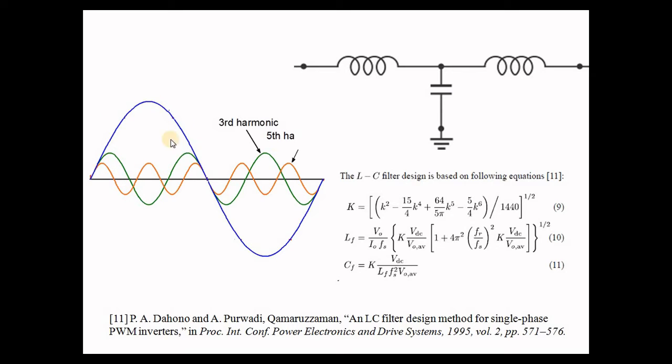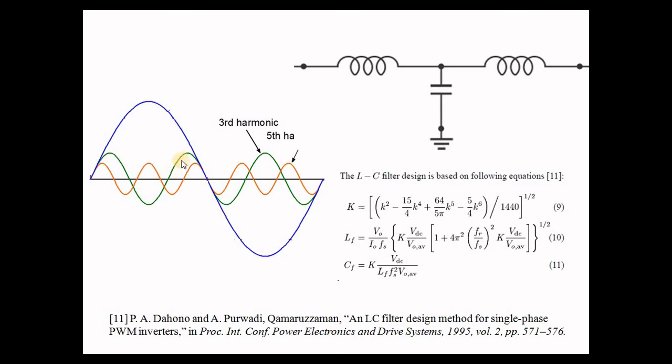Generally, this is a symmetrical wave. So we do the Fourier analysis for only half a cycle, I mean 0 to 180 degrees. From 0 to 180 degrees, one and a half cycles are there for the third harmonic. So this is the positive and this is the negative. By considering the total, this positive and negative will be cancelled automatically. These two will be cancelled.